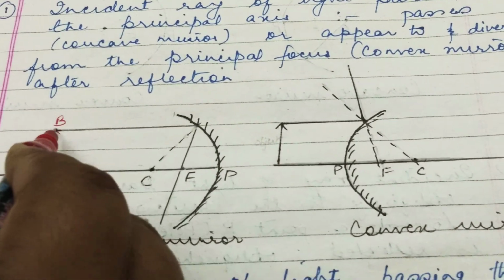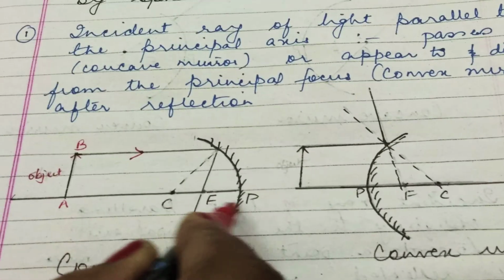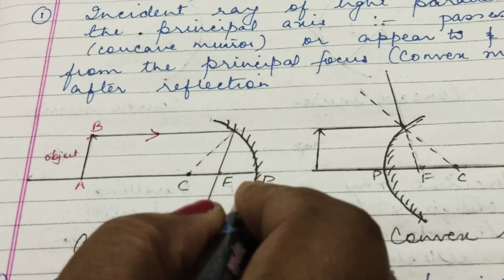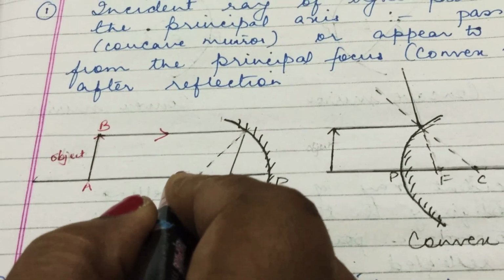So when the incident ray of light is parallel to the principal axis, this is the pole of the mirror, the focus and the center of curvature.